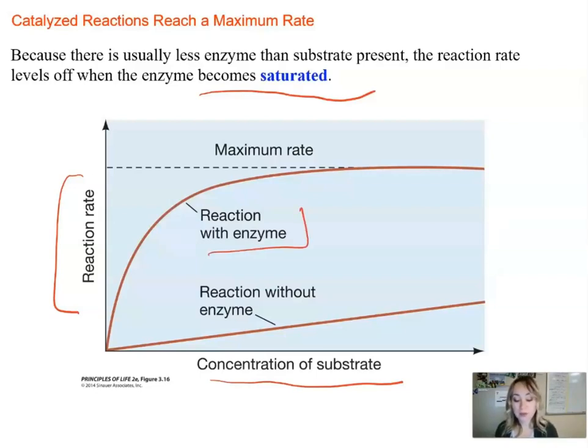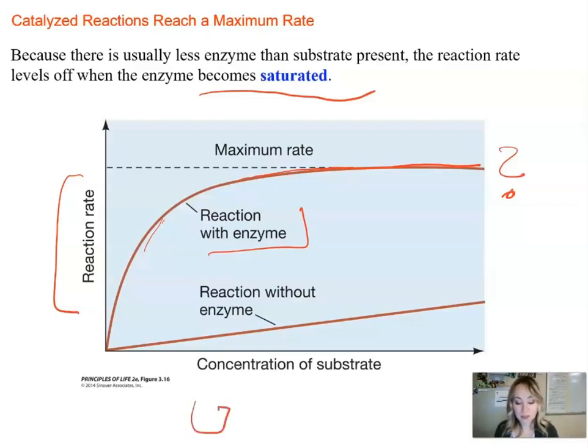It increases very rapidly in the beginning, but then it levels off. You can see it reaches that maximum rate. Why? What is happening here? Notice what we are increasing here is the substrate. If we continue to increase the substrate and do not increase the enzyme, what this means is that all the enzymes that we have become saturated.